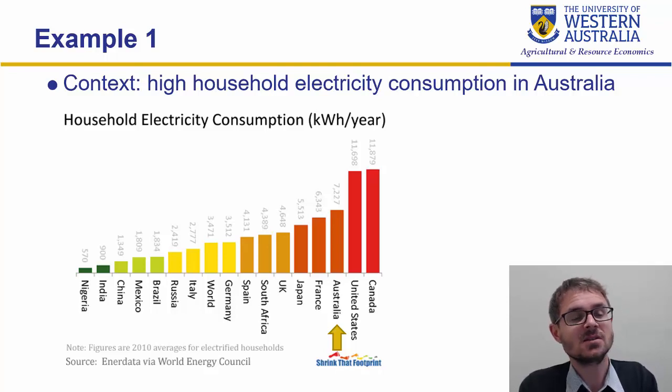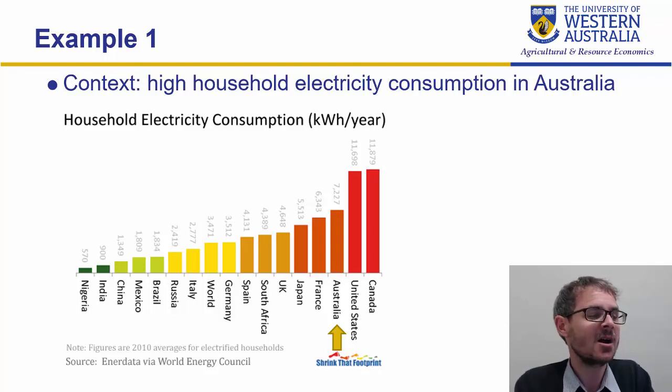So we're looking at that, and Australia looks like we're up towards the end of this. You can see that also what stands out in electricity consumption is that the rich countries are towards the top of that table. Okay, so it's picked out high income countries.